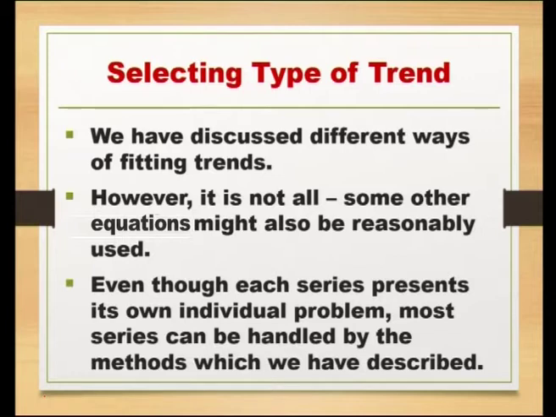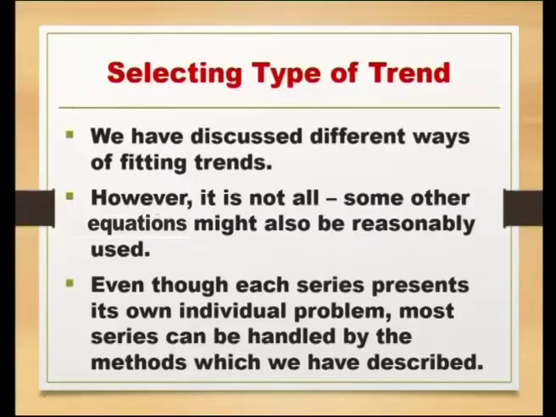Next, selecting the type of trend. We have discussed different ways of fitting trends: fitting a straight line trend by freehand or graphical method, method of semi averages, method of least squares, method of moving averages, also the non-linear trend method, method of least squares wherein a second degree parabola has been fit, and method of least squares for exponential trend has been discussed.